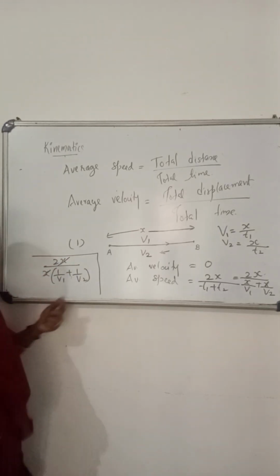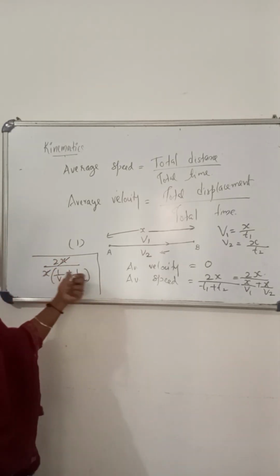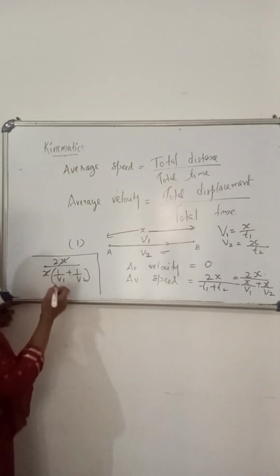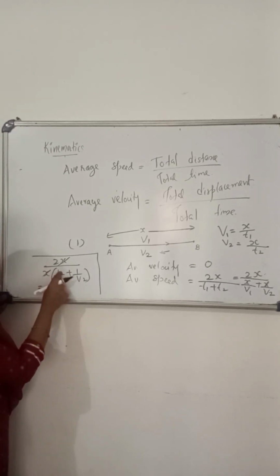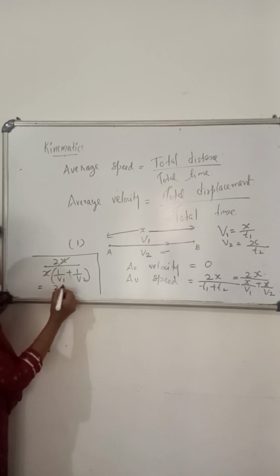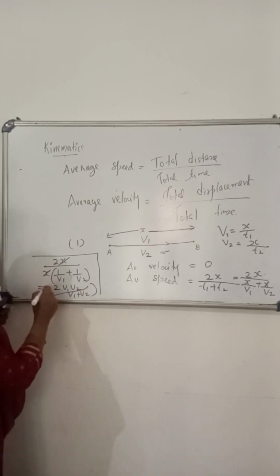The x cancels. The final answer is 2 divided by 1 by v1 plus 1 by v2, or we can solve it as v1 v2 in the numerator, that is, v1 v2 divided by v1 plus v2. This is the equation.